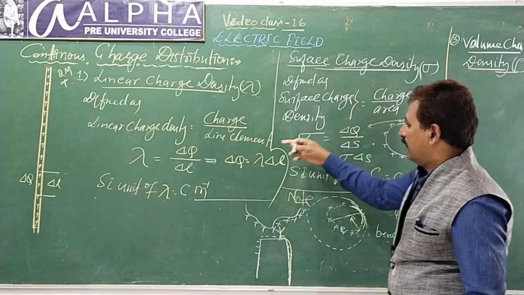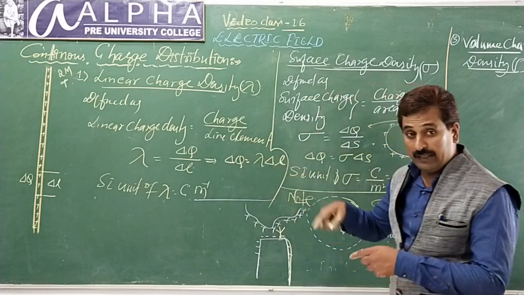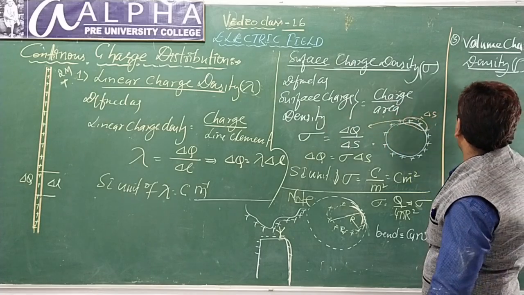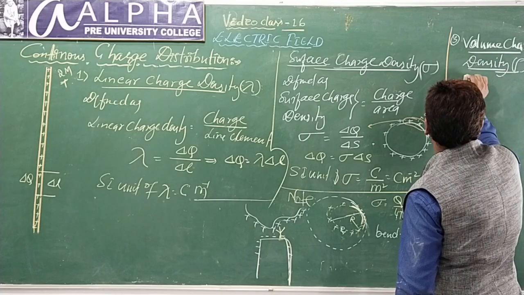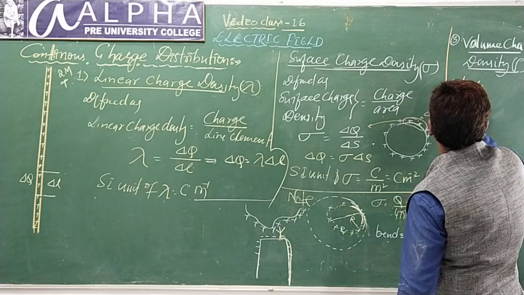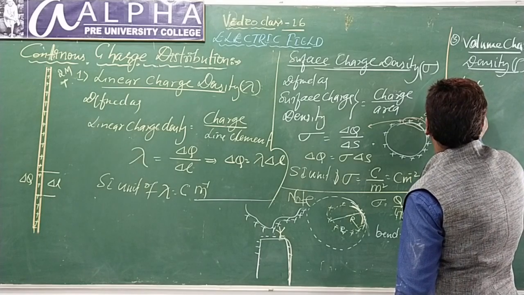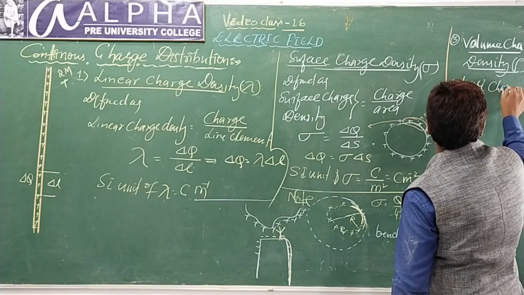As usual, linear charge density is charge by line element length, surface charge density is charge by area. Similarly, what is volume charge density? Volume charge density is charge by volume.